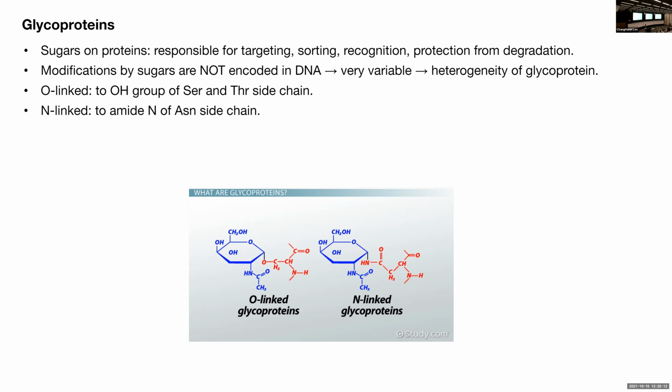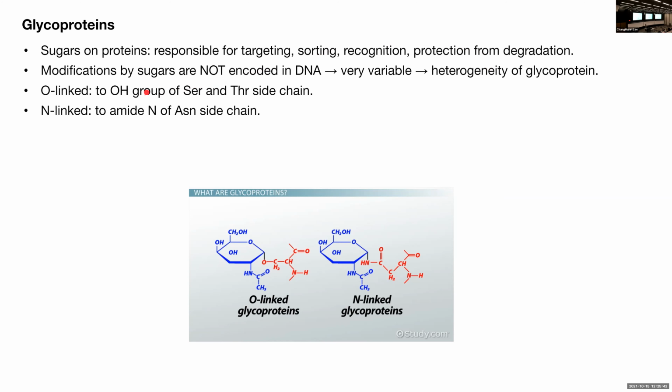All right. So the glycoproteins are basically proteins with sugars coated on the surface of the protein, and that is really important for targeting within the cell signaling pathway, or sorting those proteins, recognition of a certain site or certain type of cell, and protecting that protein from degradation when it is decorated with sugar too.